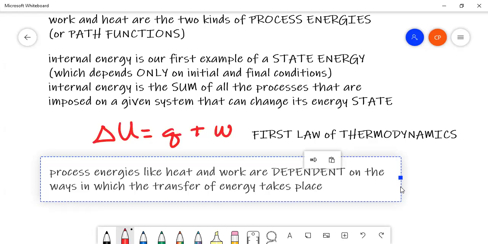He's taking a longer distance traveled because he's taking a way up the mountain that winds back and forth. In the same way, a process energy like heat and work is dependent upon the way in which you do the transfer. And different ways of making that transfer can get different amounts of energies transferred.